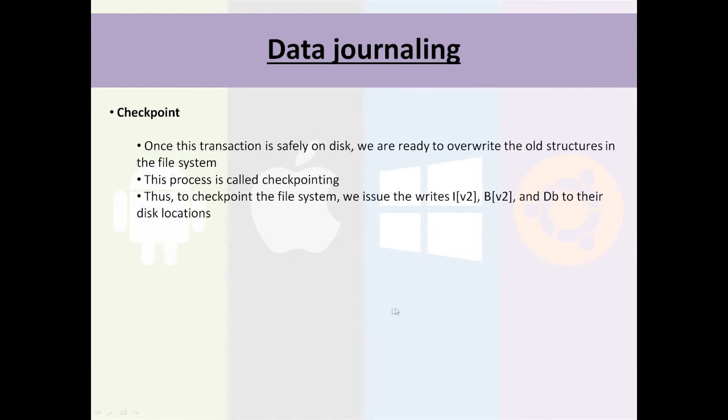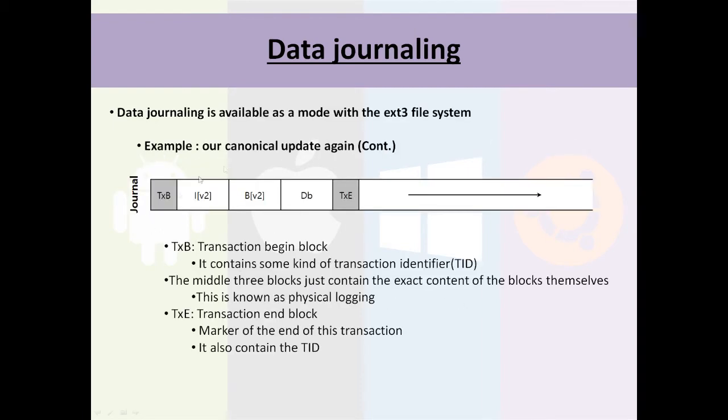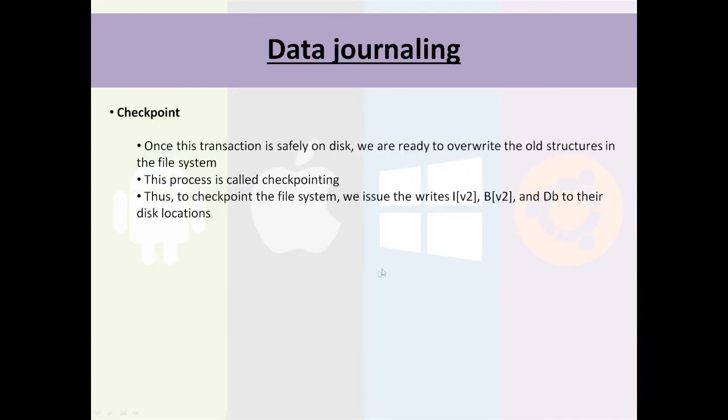So once this transaction is safely on the disk, we're ready to overwrite the old structures in the file system, and this is a process called checkpointing. So once we've stored this in our journal, we're able to do the actual transaction safely. What that means is that to checkpoint the file system is to bring it up to date with the pending updates in the journal.